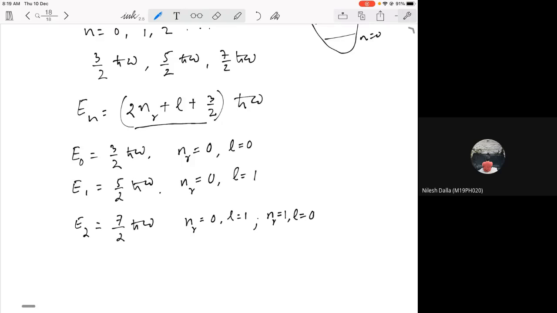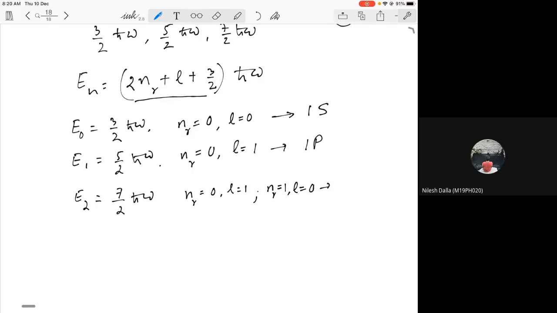So now you see there is no restriction on the combination of this quantum number nr and L. Typically you call this the 1s state, and this the 1p state. The s, p nomenclature we get from what we described for atomic orbitals, electrons in atoms.